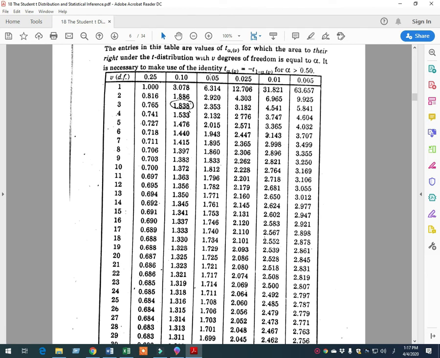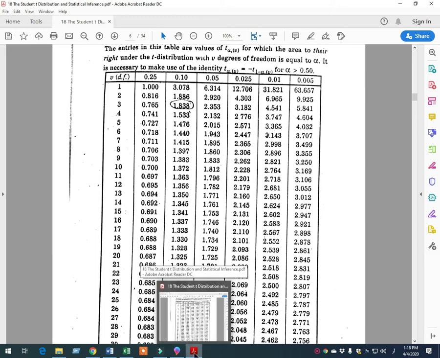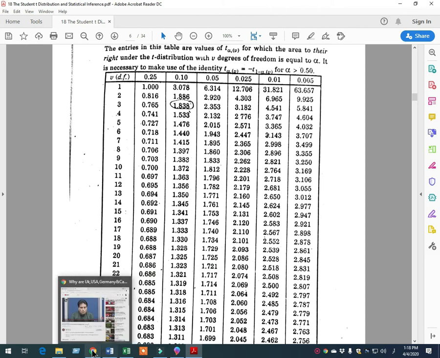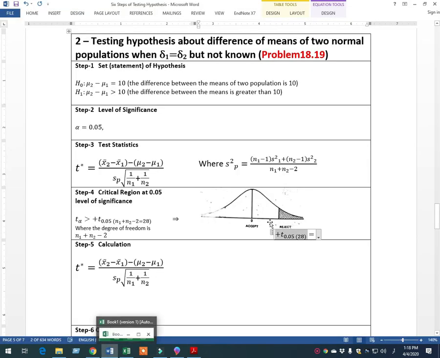So this is 0.05 level of significance and this is 28 degrees of freedom. So I am getting 1.701. This is our tabulated value or critical value. So 1.701, that should be in mind.